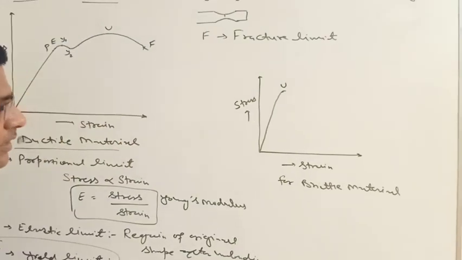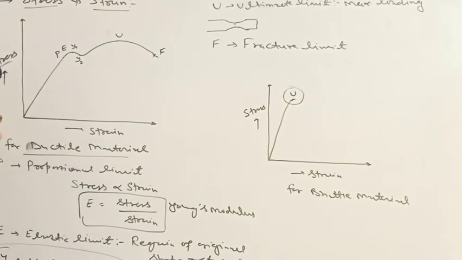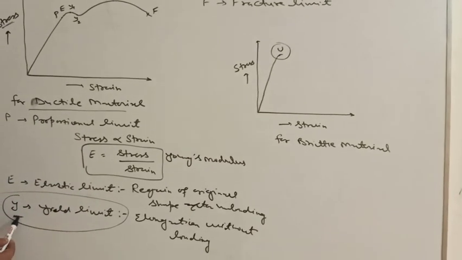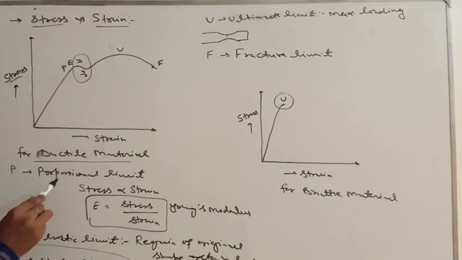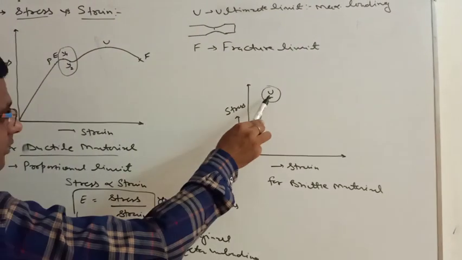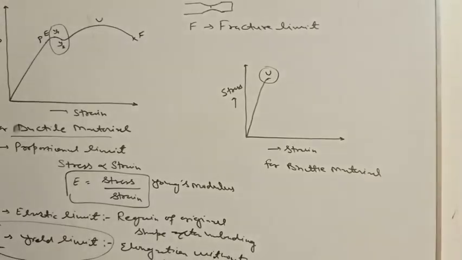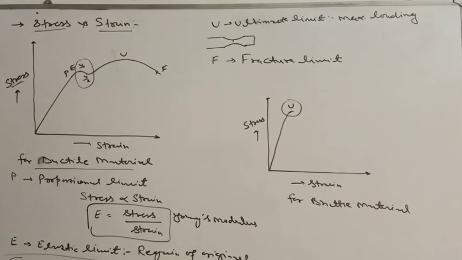That's why while designing a brittle material, we consider this ultimate limit, and while designing a ductile material, we consider the yield limit. It means the yield criteria is considered while designing a ductile material. Ultimate stress or strength is considered while designing a brittle material. Friends, this is complete about the stress strain diagram.